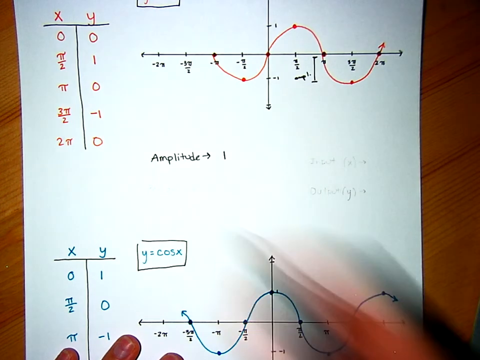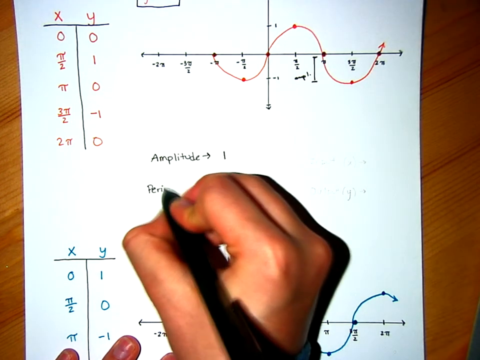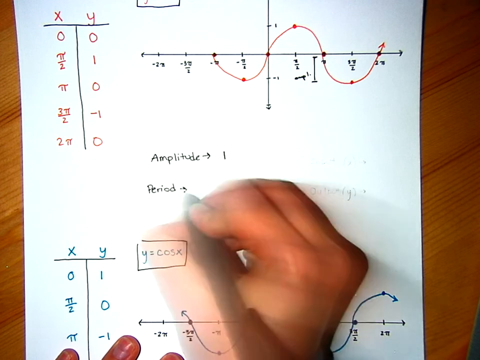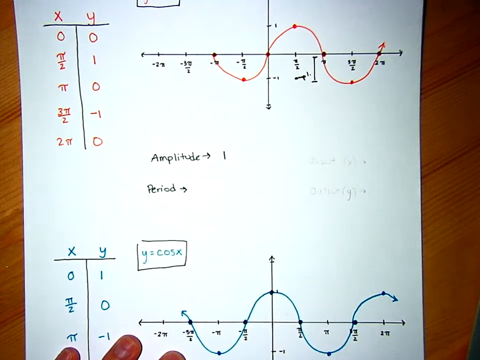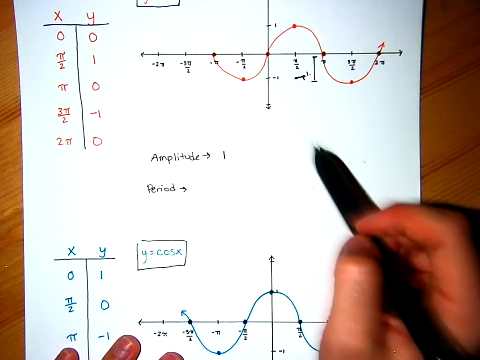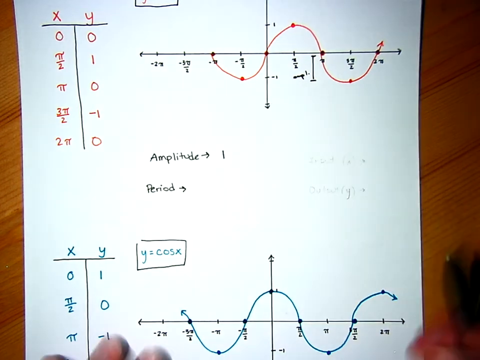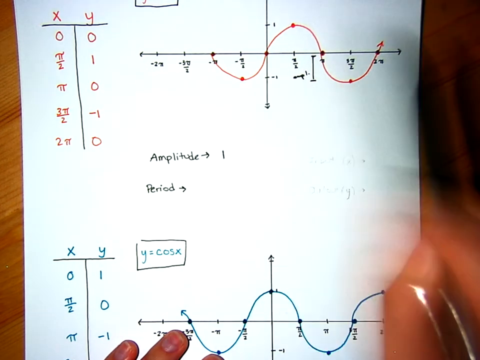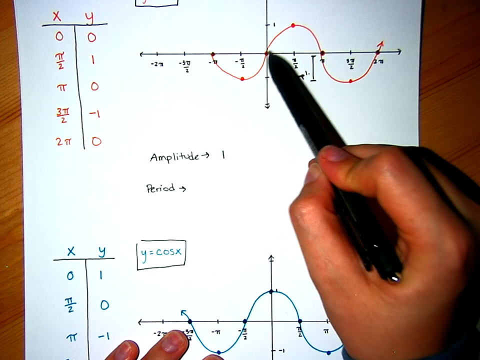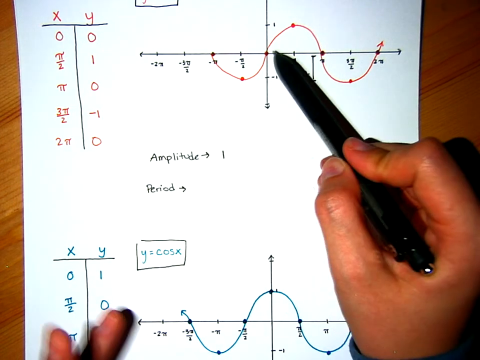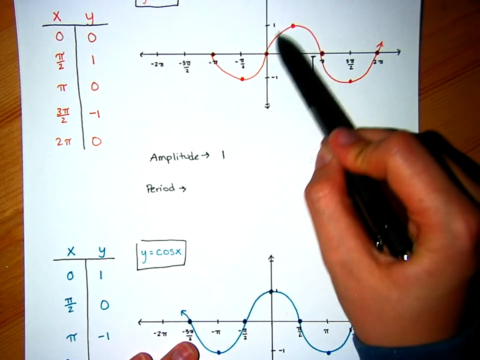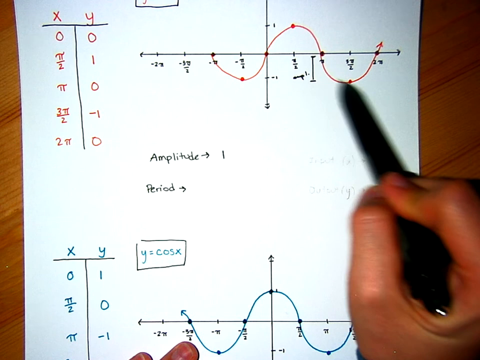All right, and then we have our period, and this is another value for our graphs, and this is a full rotation or a full cycle, basically. So you can almost think of it as a full rotation around a circle. If you start at the origin, or really whatever point, how far do you have to go until you've made an entire circle?